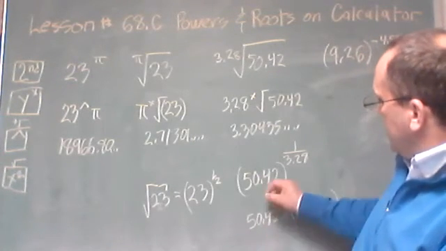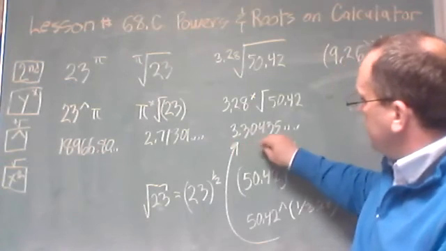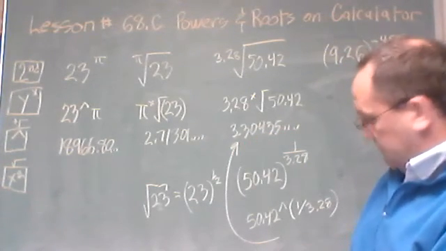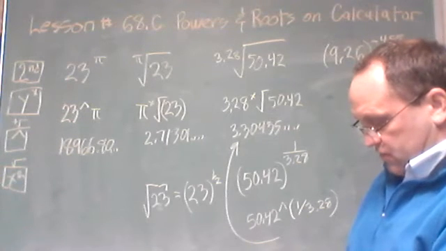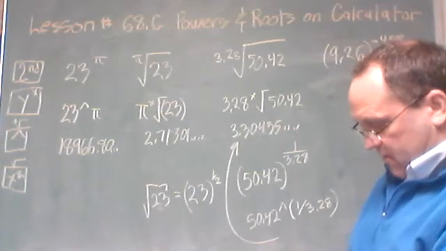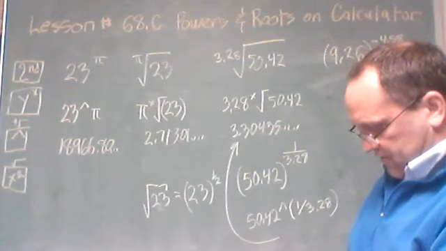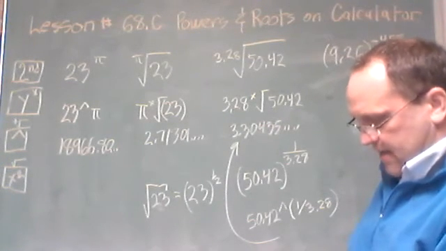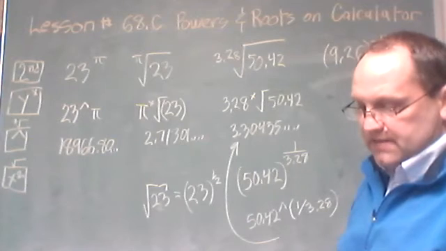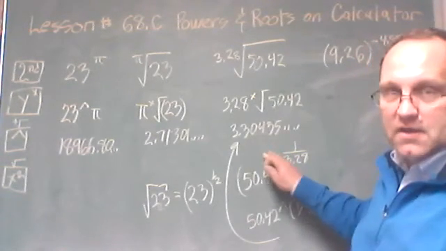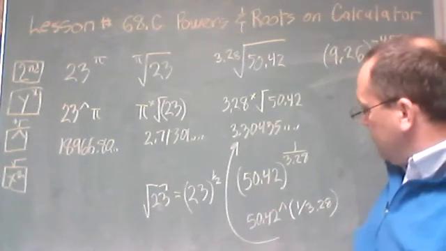And it gives me the same answer as I did up here. Now, let me do that without the parentheses button. 50.42 raised to the power of, no parentheses, just 1 divided by 3.28. Okay, I get 15.37195, yada, yada, yada. Much different. So you can see how that would not work.